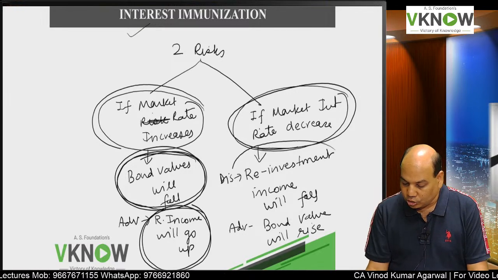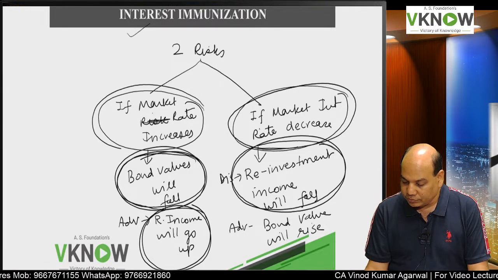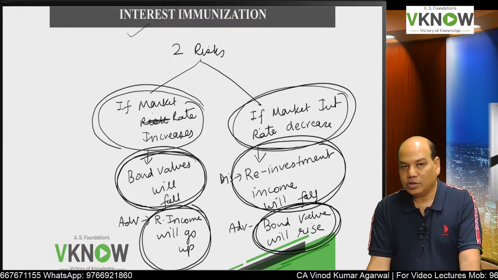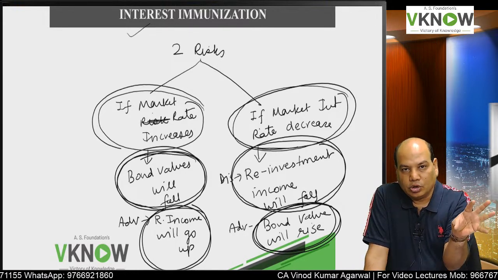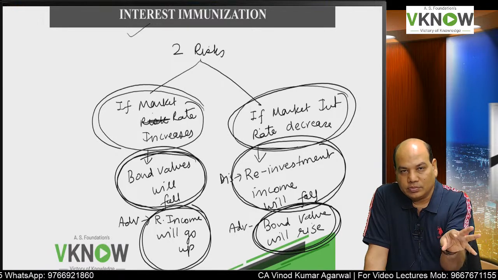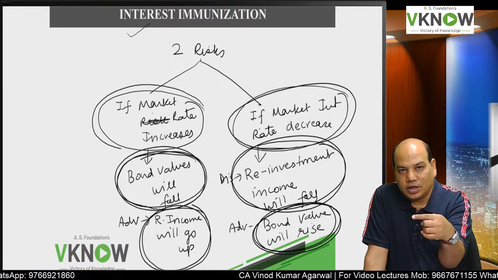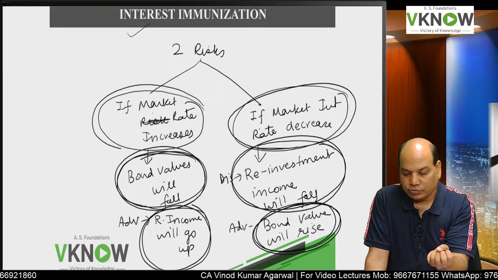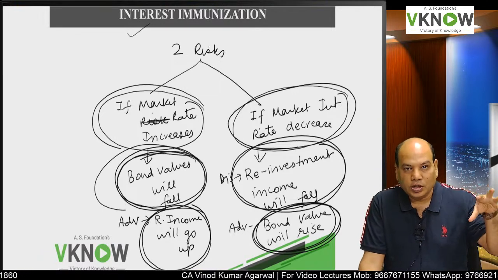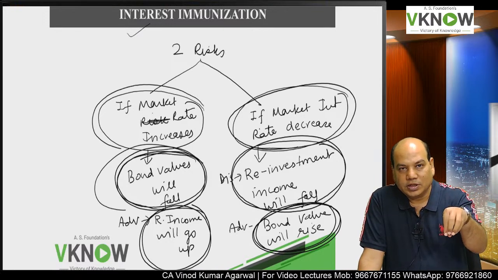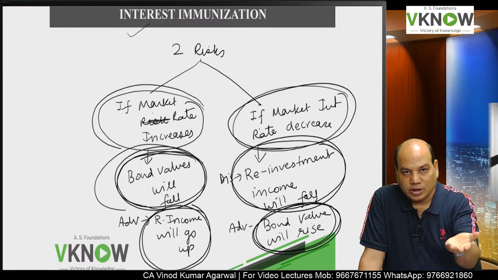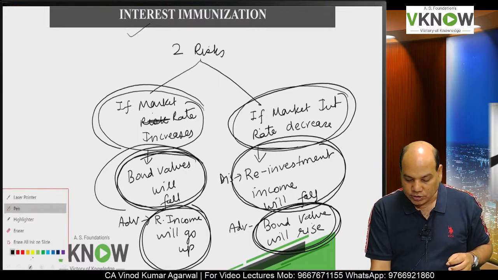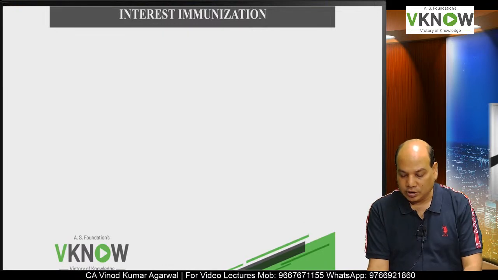Similarly, the loss in reinvestment income will be compensated by the gain in the value of the bond. Then you are protected from the risk. So this concept of immunization is very interesting.